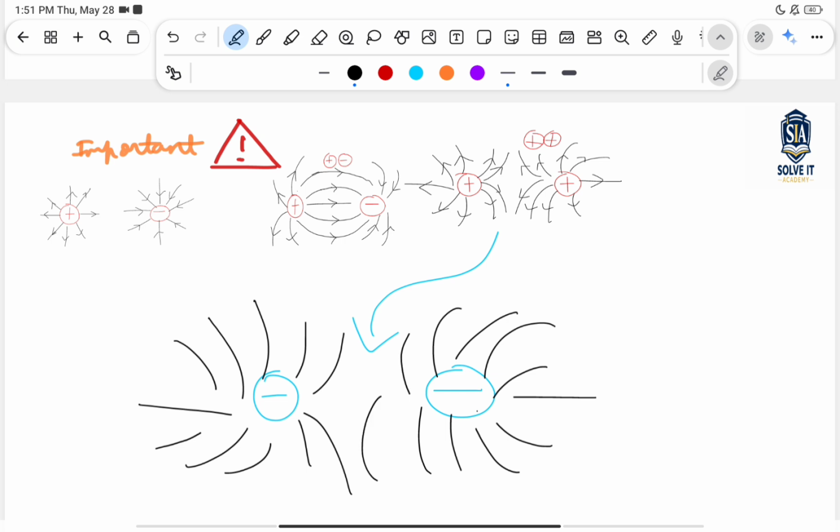The only change is that the field lines are coming inside. Is this clear? Here they are coming inside, but in the positive-positive configuration they were moving outside.